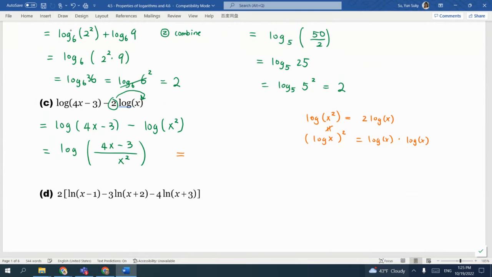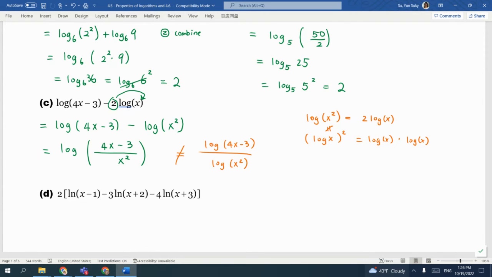Is this equal to log of (4x minus 3) over log of x squared? Are they the same? No, be careful. We need to stick with the rule. If the rule doesn't say we can split the quotient into a quotient, then we cannot do that. This is a case where we cannot be creative. We have to stick with the rule.